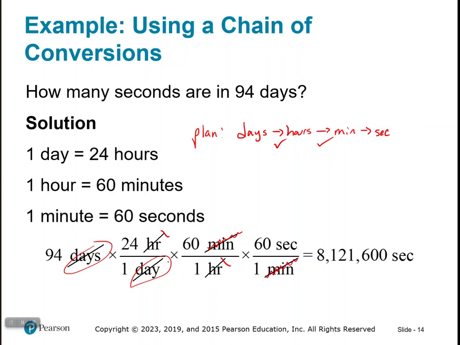So our days cancel, our hours cancel, our minutes cancel, and it looks like we're going to multiply these all the way across. 94 times 24 times 60 times 60 is 8,121,600 seconds in 94 days. Fantastic.